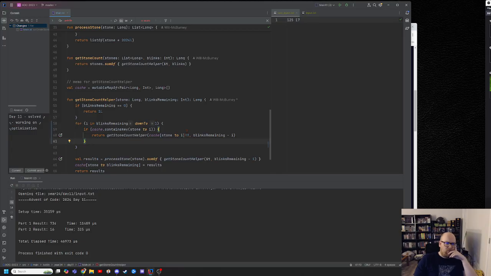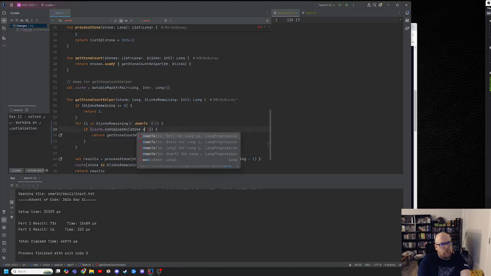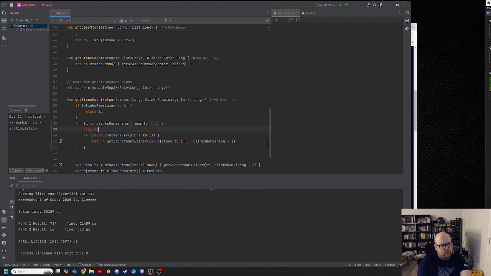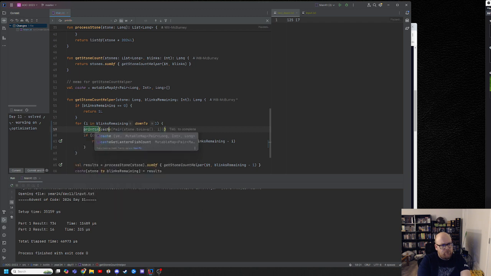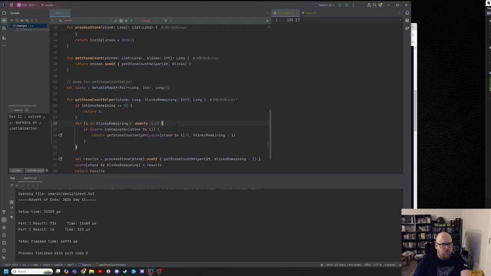Why doesn't this work? Oh, no, that's right. I know this is a really bad idea, but I'm trying to figure out what's going on.